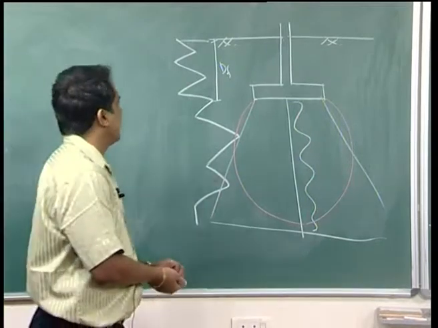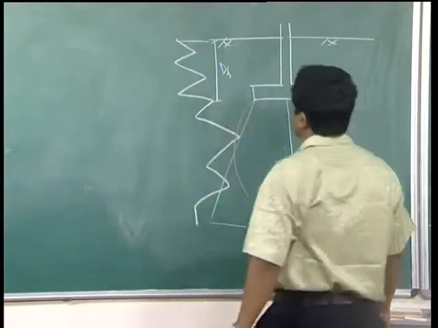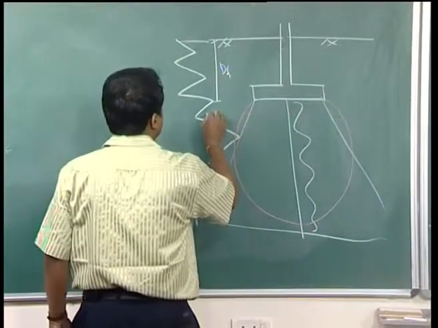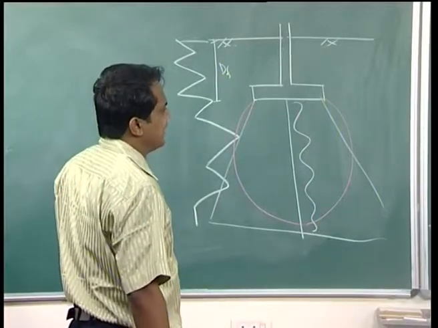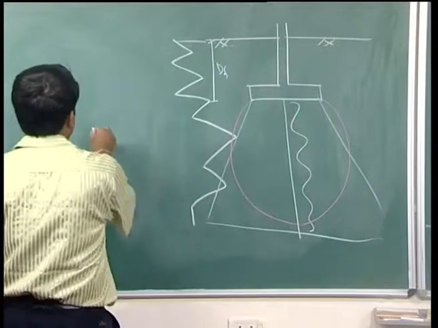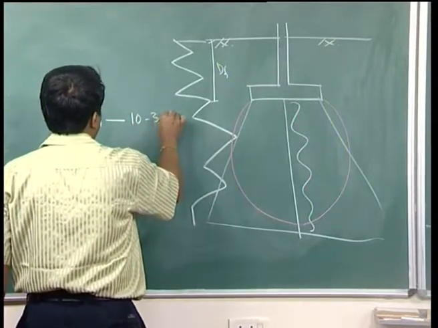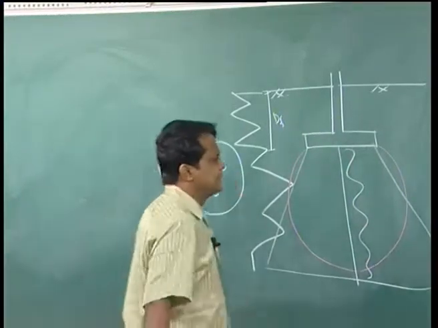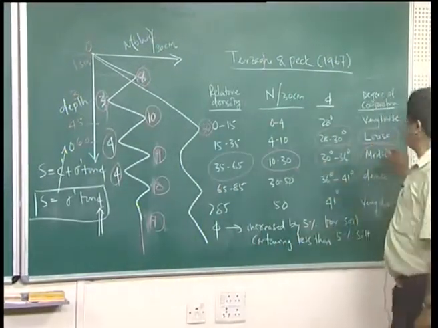So once you do this standard penetration test, you will find out where your penetration blow is lying. It is lying between 10 to 30 or more than 30. Penetration blow 10 to 30 means it is medium.